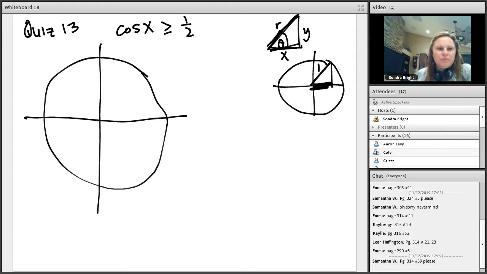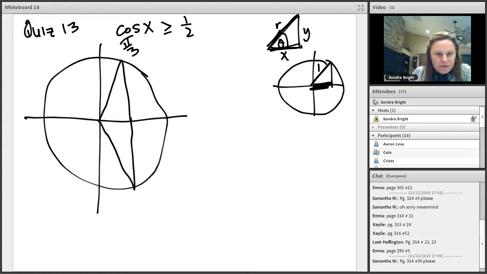All right, so cosine of x is equal to 1/2 at a 60-degree angle, so here at pi over 3. But also, oops, pretend like that's a straight line. That did not work. Okay, straight line. That's a little bit better. It also happens here.